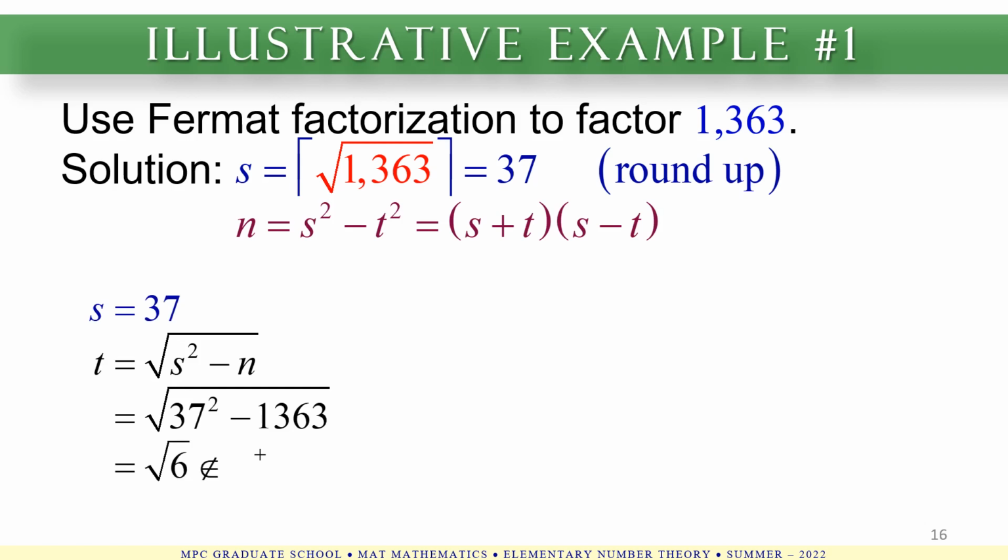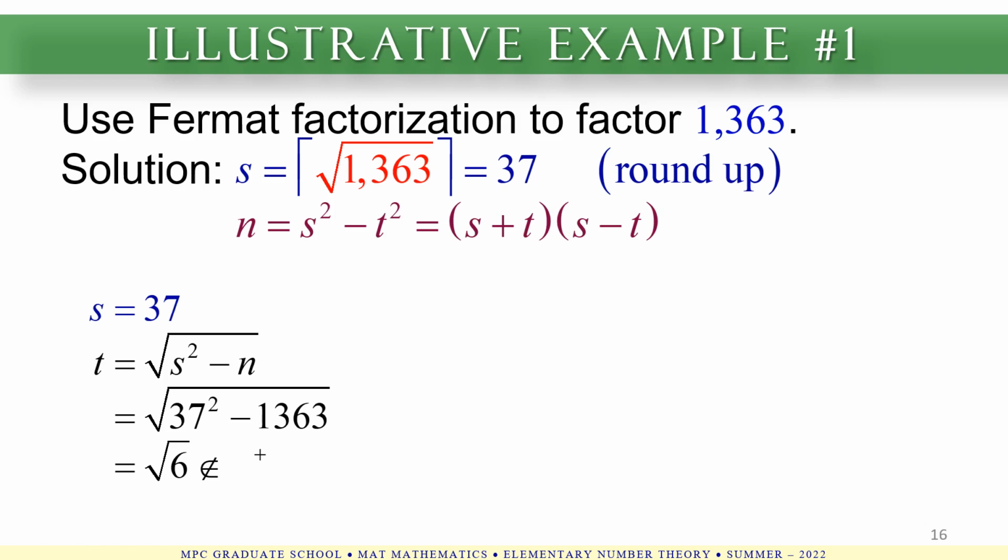Now, using the formula, we will find that t is equal to the square root of the square of s minus n. Then substituting the value of s, we will have the square root of 37 squared minus 1363.